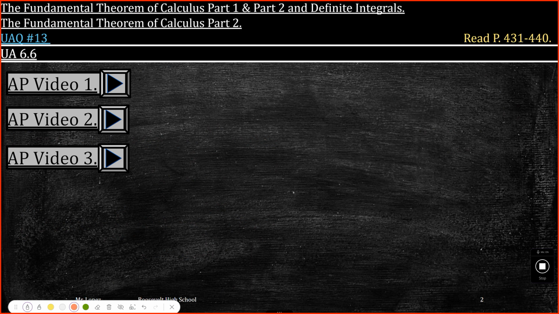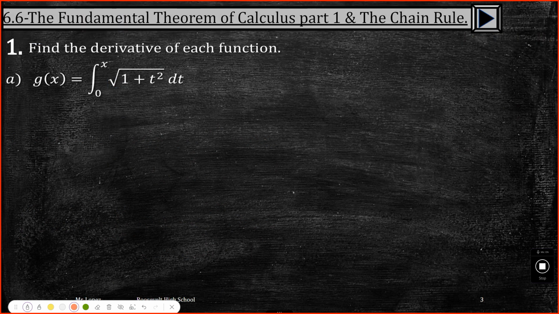Okay, let's go to, this is a long lesson. Let's go to the fundamental theorem of calculus part 1 and the chain rule. Problem 1, find the derivative of each function.